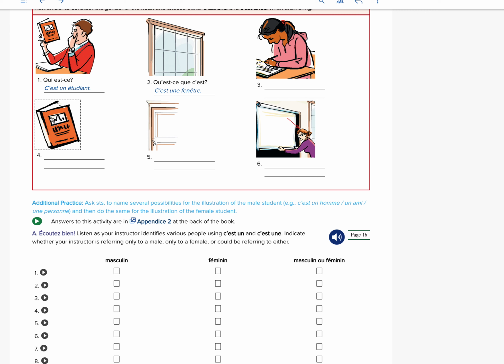Number 4. Object or person? Object. Qu'est-ce que c'est? C'est un livre. Qu'est-ce que c'est? C'est une porte. Qui est-ce? C'est un professeur.